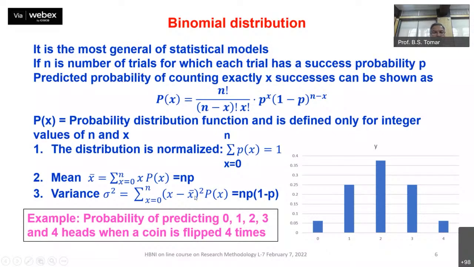The variance for the binomial distribution is np into 1 minus p. You can also write this as npq, if q is the failure and p is the success. So you can calculate using the binomial distribution the probability of different outcomes of a measurement.